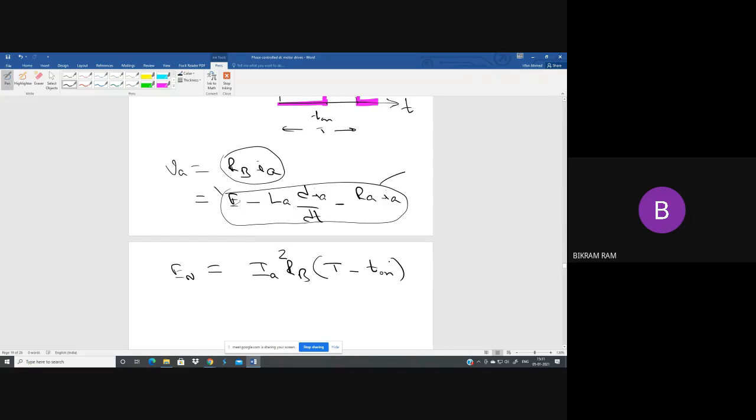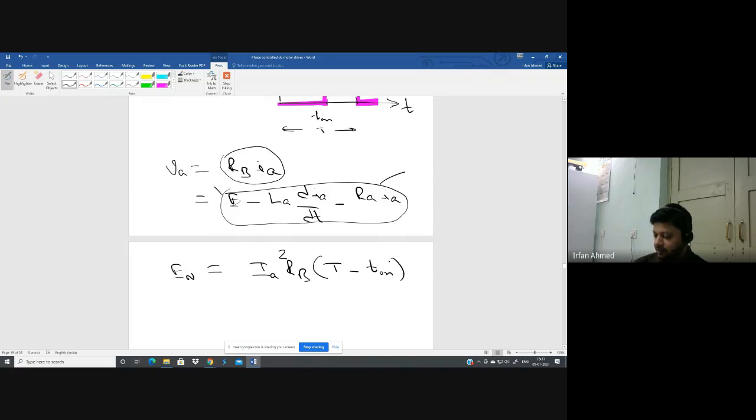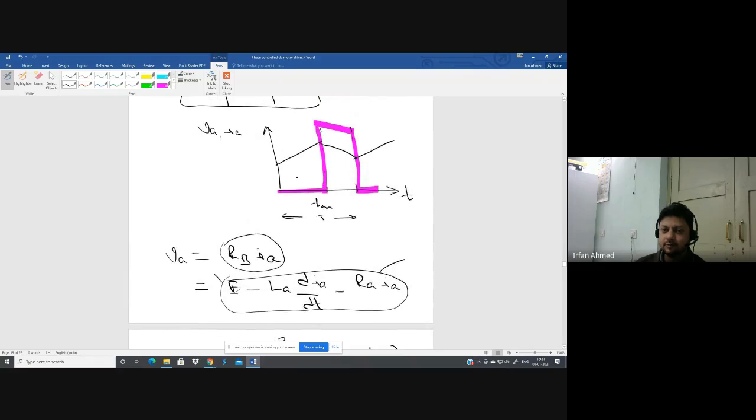Right? Yes, sir. Because current is flowing through the braking resistance for the duration T minus T on. From 0 to T on, the chopper is on, no current flows through RB. This duration, that is T minus T on, current flows through RB. So energy consumed, not stored, it is a resistor. Energy consumed by RB during a cycle of chopper operation is IA square RB multiplied by T minus T on.